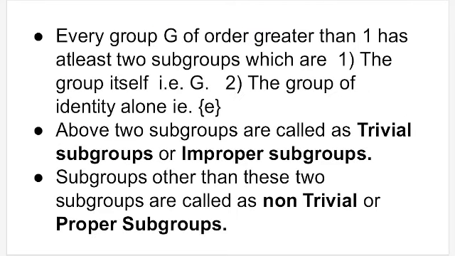And then we saw the types of subgroups: trivial and non-trivial, that is improper and proper subgroups. So the identity element and the group itself are called trivial or improper subgroups, and others than these two are non-trivial or proper subgroups. And also every group G which is of order greater than 1 has at least two subgroups. This is an important statement.